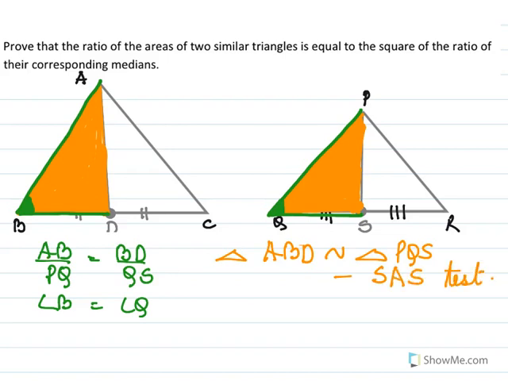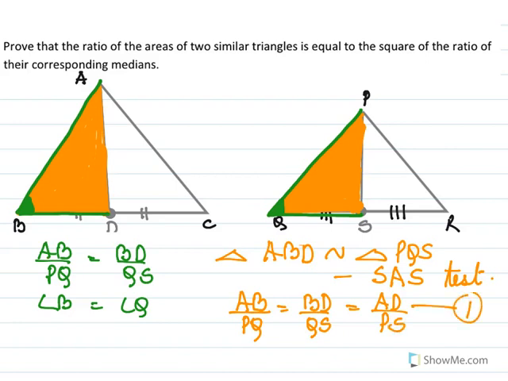Now, if the triangles are similar, we can say AB over PQ equal to BD over QS equal to AD over PS. We call this equation 1.